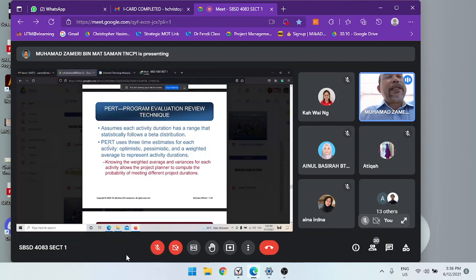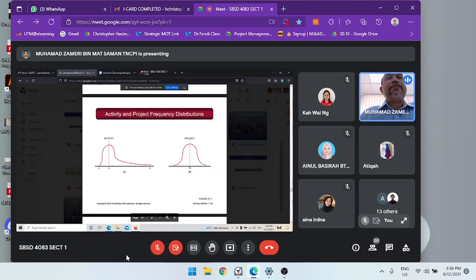Basically this technique is almost similar to the critical path method that I already taught you in chapter 6. But the difference is PERT is based on normal distribution. If you take the subject statistics, you're familiar with normal distribution, in the form of a bell shape.